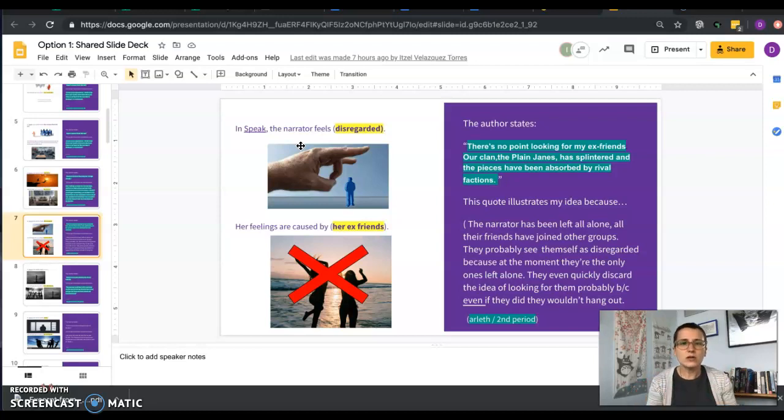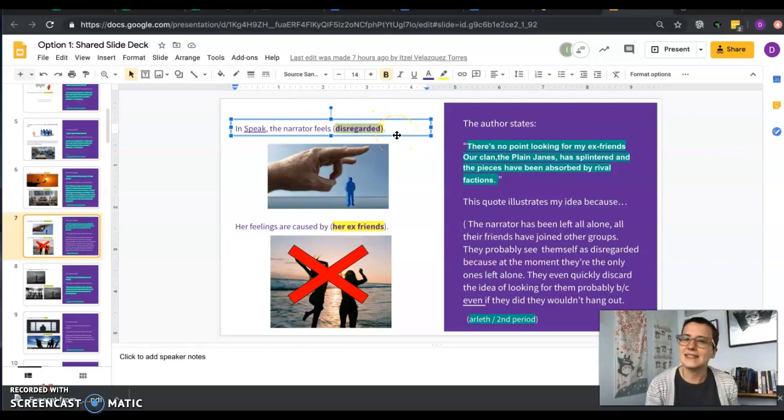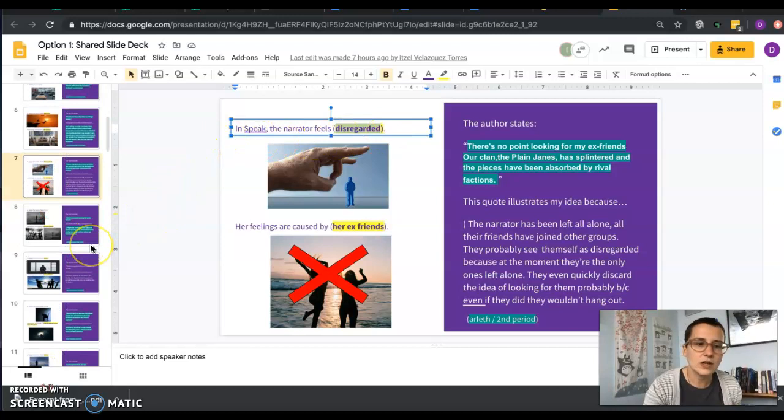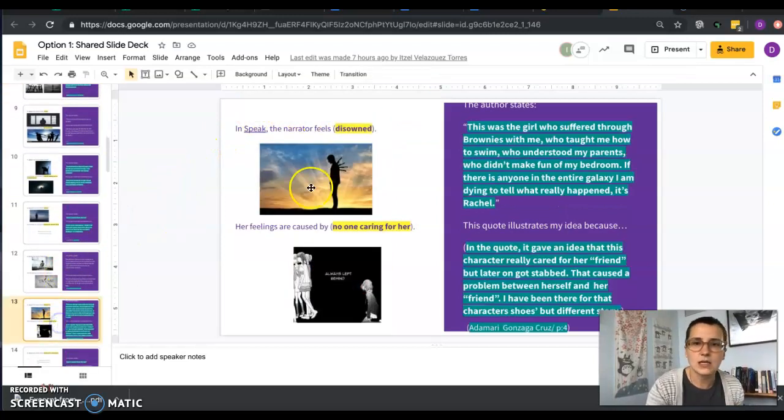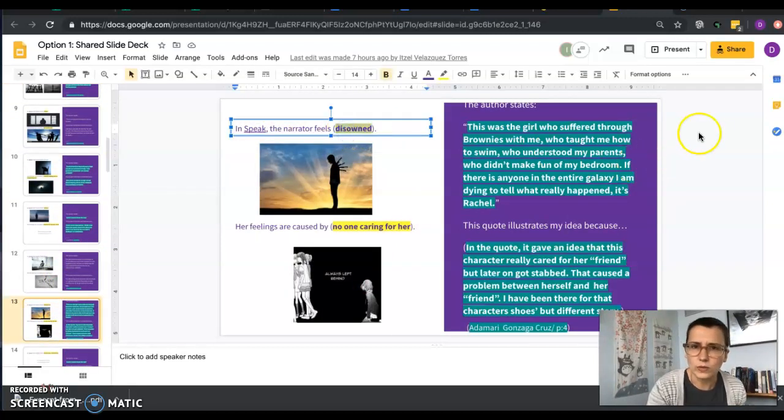I like those words, but take a look at this. Disregarded. Think of how specific that is in comparison to like alone or sad. I'm looking also here, disowned. That gives me a more specific picture than alone or sad, right?